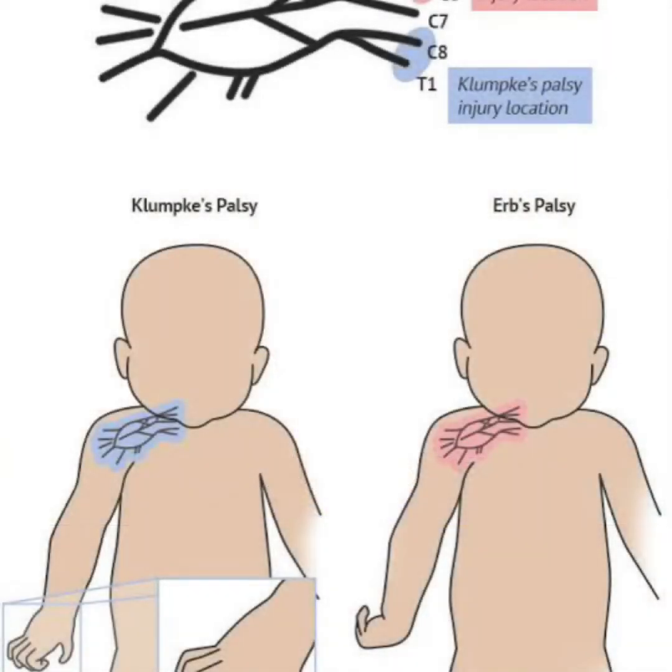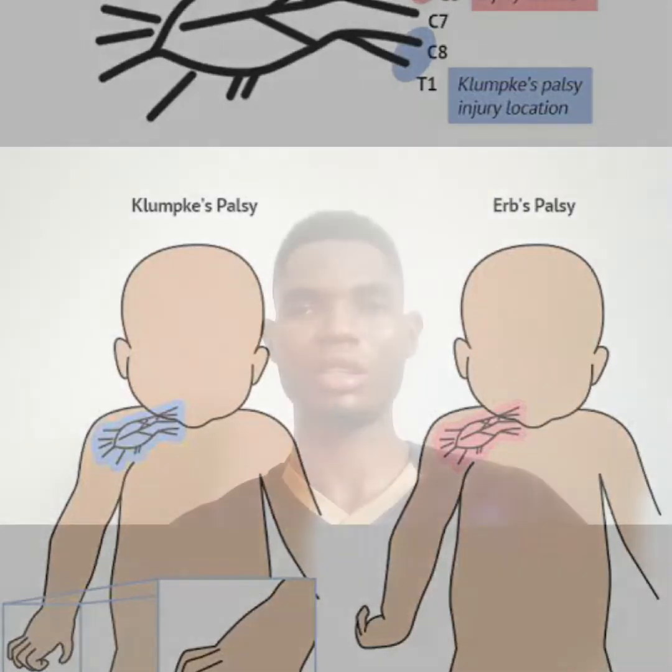Then for Klumpke's palsy, the major nerves are the median nerve and the ulnar nerve, and the manifestation is clawed finger. The finger becomes clawed. So that is for the clinical correlates of the brachial plexus.